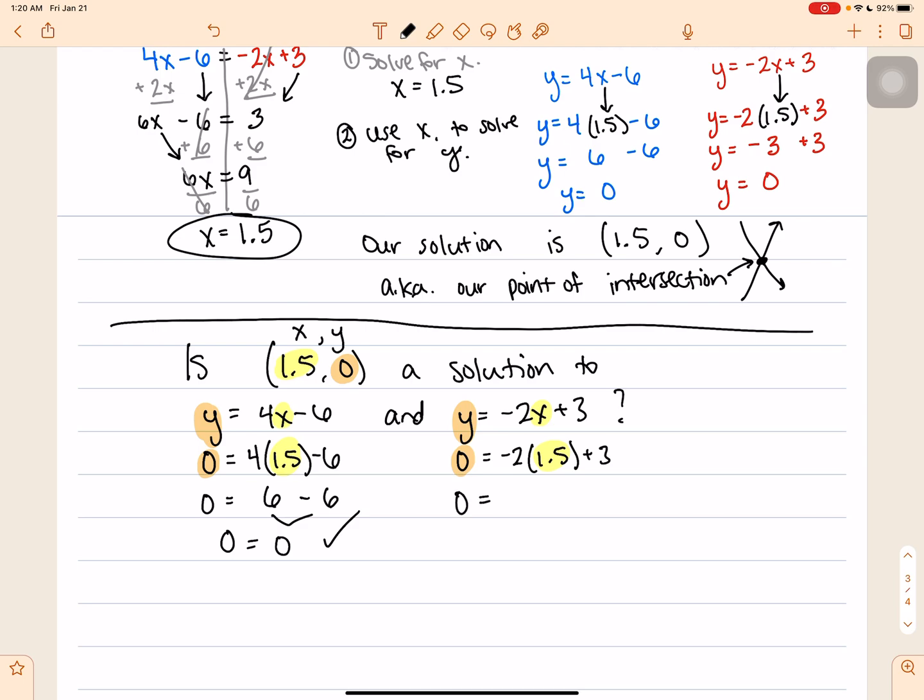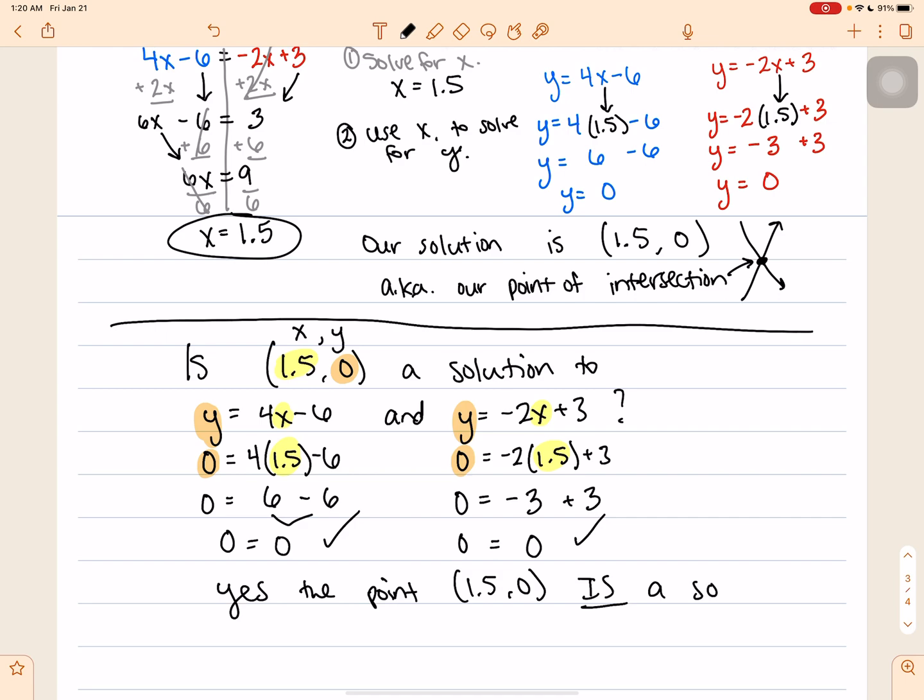So 0 equals negative 2 times 1.5 is negative 3. Negative 3 plus 3 is 0. So cool. So yes, the point 1.5, 0 is a solution to both equations.